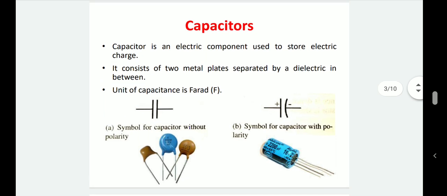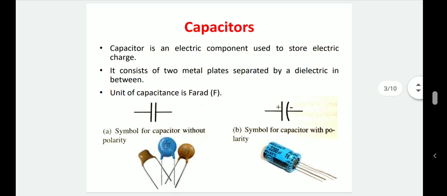What is meant by a capacitor? We know that a capacitor is an electronic component which is used to store electric charge. In lower classes, at plus 2 level, we have already studied about capacitors and inductors. So a capacitor is a device used to store electric charge.